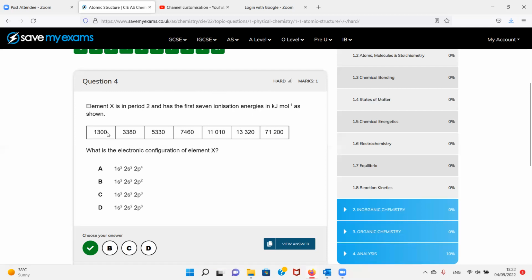You can see that there is a gradual increase, 1,300, 3,000, 7,000, 5,000, 7,000, and then a big jump to 11,000. Basically this suggests that there are 4 electrons being ionized in this case. And then the fifth one belongs to the 2s, because it requires extra energy to remove the electron that's closer to the nucleus. Okay, so the correct answer is A.